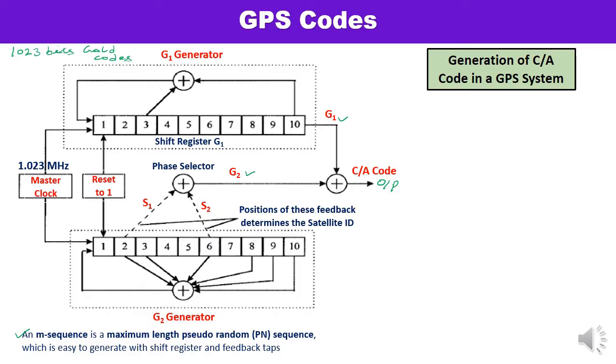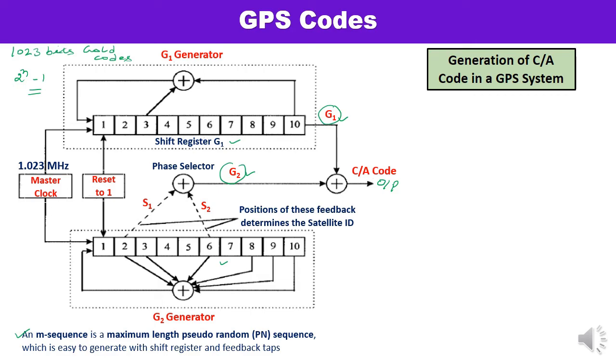It is very easy to generate with the help of a shift register and feedback taps. Here the shift registers are G1 and G2. A shift register with n stages can generate a PN sequence of 2 raised to the power n minus 1. So assume that the PN sequences G1 and G2 are both generated by 10-bit shift registers.